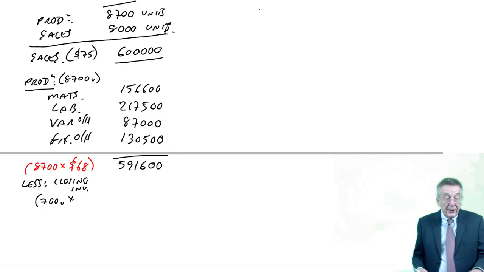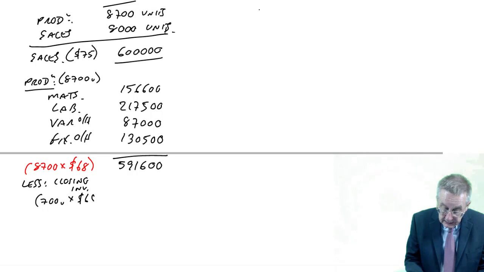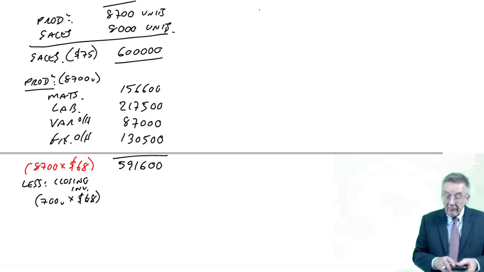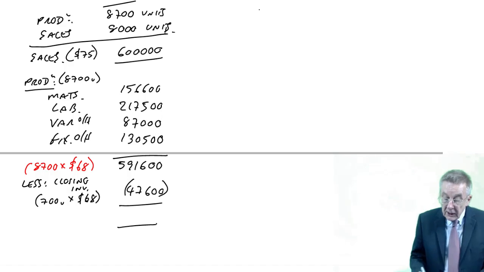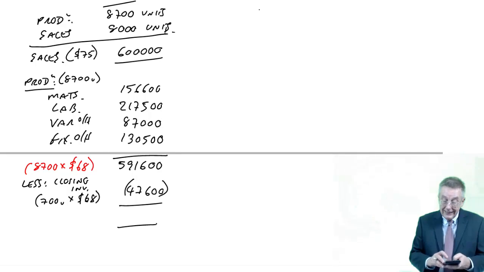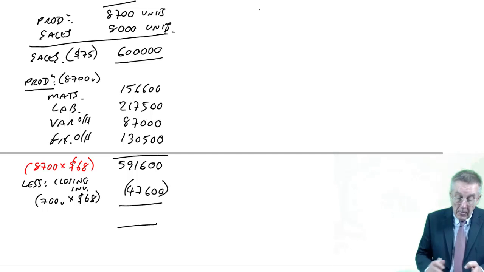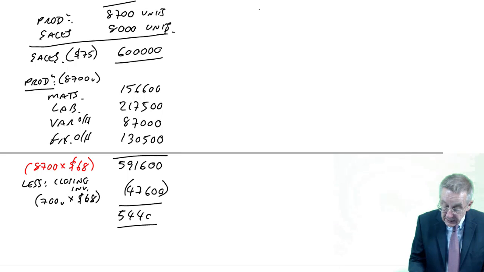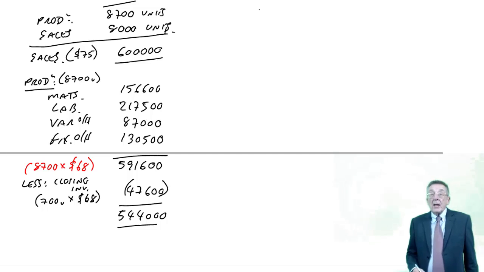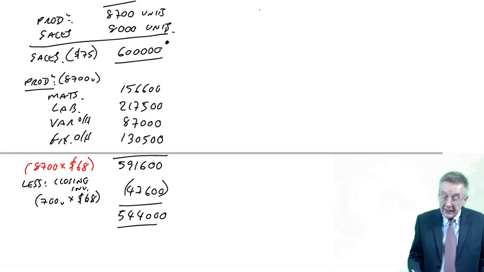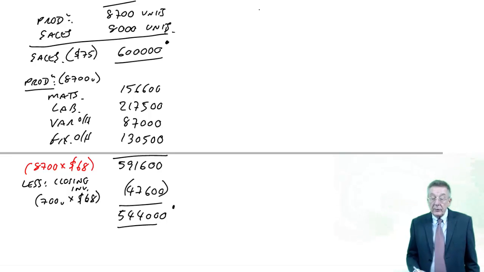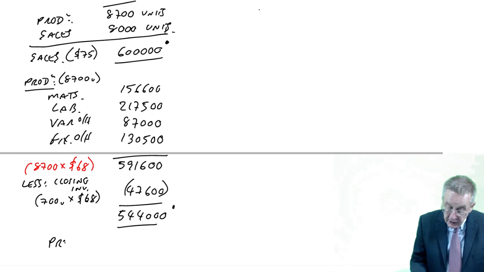And the cost per unit, the standard cost, 68. $47,600, which gives the cost of sales of 544,000. So finally, the original budget profit, revenue of 600, cost of sales 544.